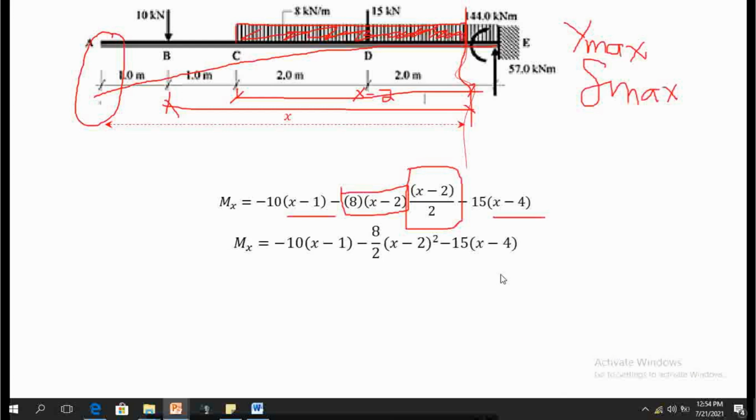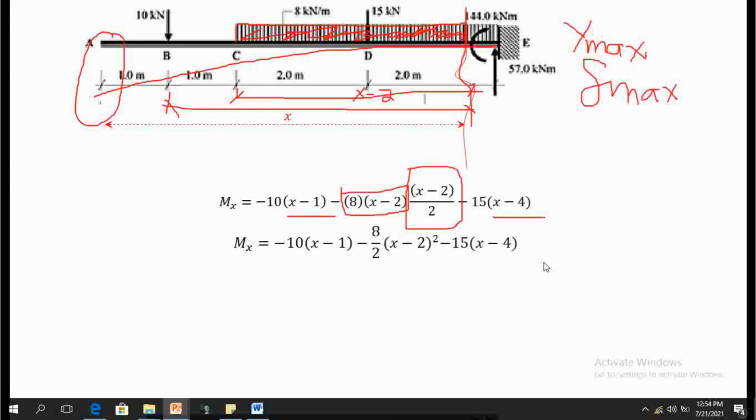Simplify that. Again, wag niyong gagalawin yung mga numbers sa loob ng parenthesis. Ginawa ko lang dito, pinagsama ko yung x minus 2 doon, tsaka yung x minus 2 dito. So, in-square ko siya para hindi masyadong complicated pag tinitingnan.